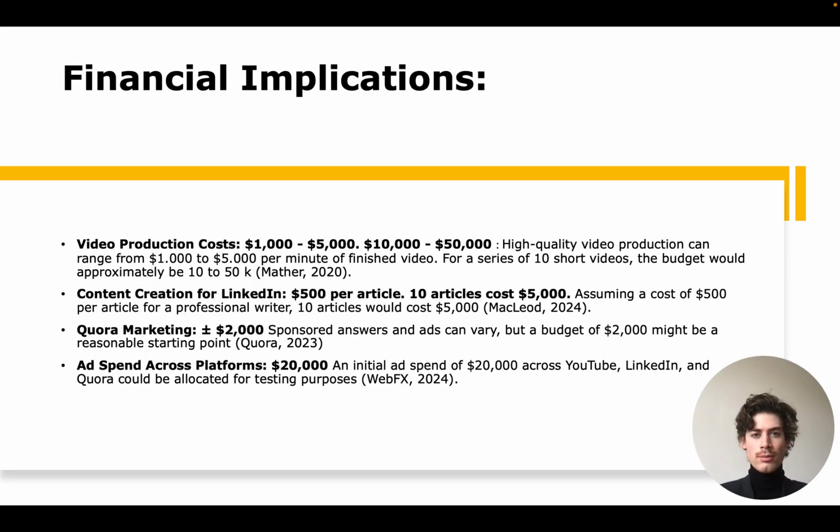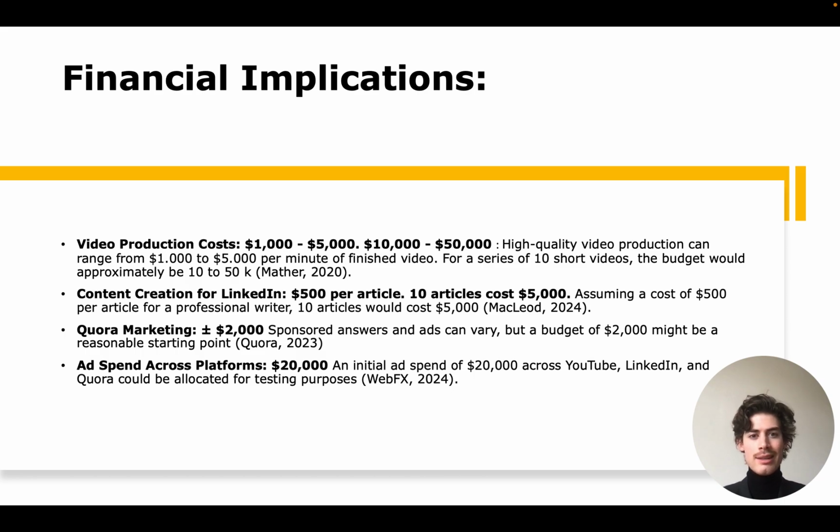The financial implications for these recommendations are as follows. Video production cost: a high quality video production can range from $1,000 to $5,000 per minute of finished video. For a series of 10 short videos, the budget would range approximately from 10k to 50k.